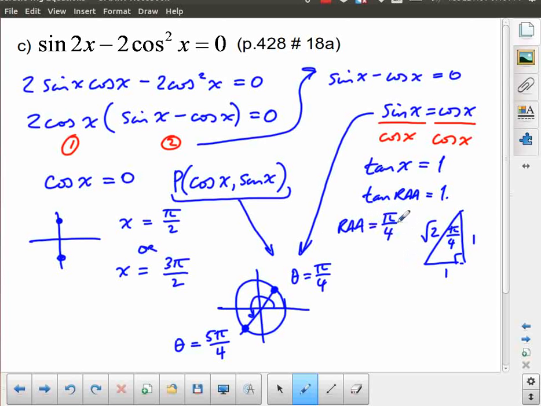And now that I know my related acute angle, I apply the cast rule, and I ask, where is tangent positive? Tangent is positive in quadrant 1 and in quadrant 3.